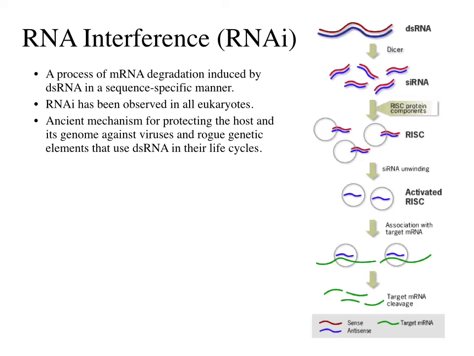These subsequently serve as the sequence determinants of the RNAi pathway by directing cleavage of homologous messenger RNA via an RNA-induced silencing complex called RISC. This is an ancient mechanism for protecting the host, protects its genome against viruses and rogue genetic elements, and has been observed in essentially all eukaryotic cells.